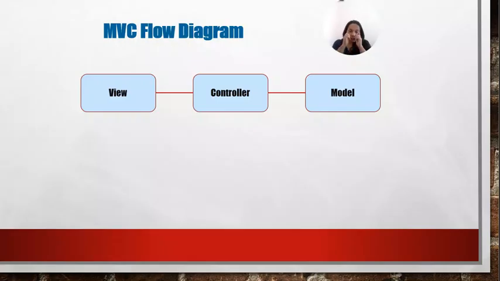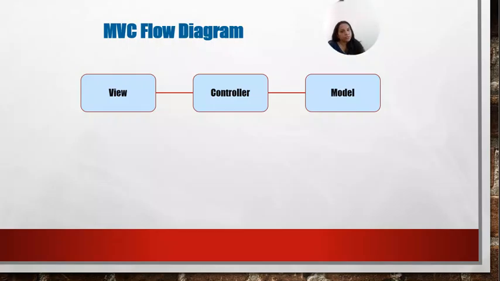Now, how does it work? The user interacts with the view, and the controller receives the request. The controller updates the model, and the model processes the data. Then the view displays the updated data. That is a cycle.